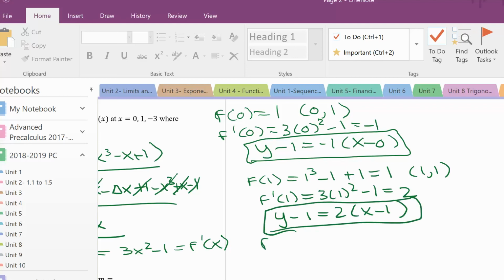And then the last one at negative 3. So when I put negative 3 into the original function, I get negative 23. So that means my coordinate is negative 3, negative 23.